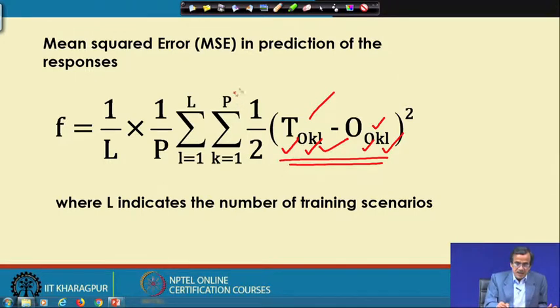In the summation k equals 1 to P, P indicates the total number of outputs on the output layer, that is, the number of output neurons. Capital L indicates the total number of training scenarios, the training cases.